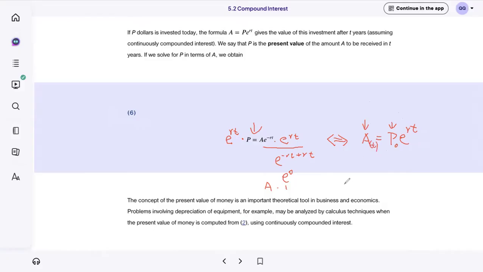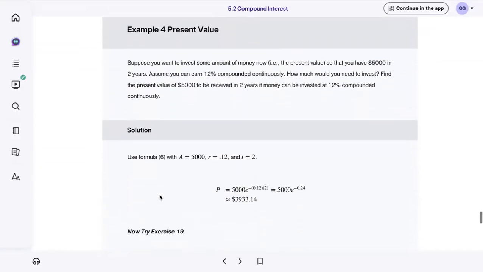It's the same thing, but I don't know why this textbook rewrote it in another formula, that's fine. Let's just keep using one formula. We don't need to try to remember another formula. We have amount of money equals P naught times e raised to RT. As long as it's compounded continuously, we know we use this model.